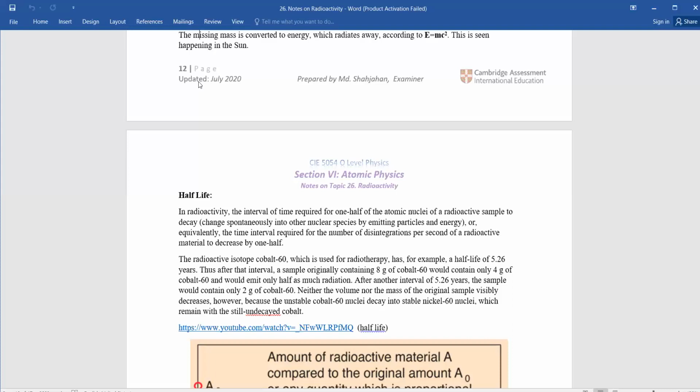In the beginning, in the sample, we have 50 gram of carbon 14. Now after one half-life, we are not getting 50 gram of carbon 14 in that sample anymore. We are getting half of 50, which is 25 gram. The other half is converting to nitrogen.